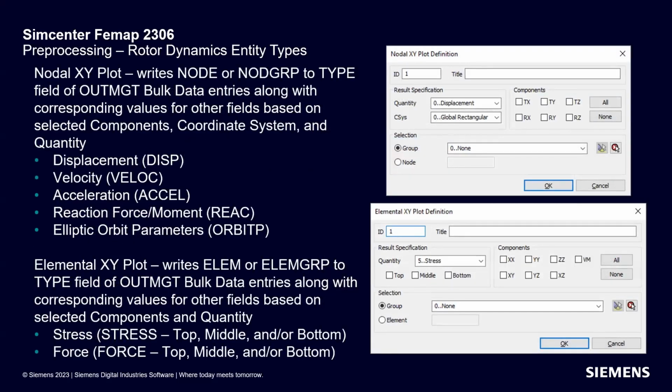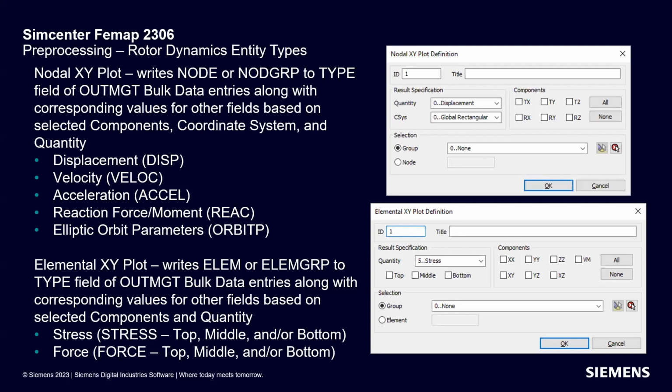And you have different options for nodal XY plot versus elemental XY plot definitions. For the nodal, we're talking about displacements, velocities, accelerations, reaction force moments, and then elliptical orbit parameters.